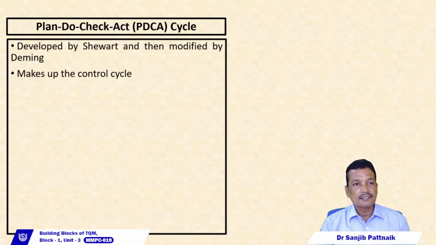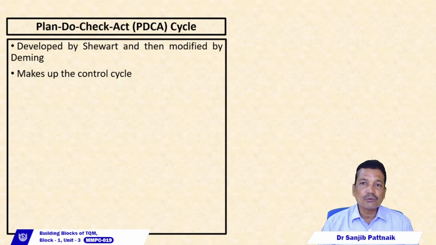How is it done? Now first we plan for that. Plan how to implement the total quality management, or what are the activities we are going to carry out for which TQM is to be applied. Then the actual work begins according to the plans. That means we are doing it or carrying out the activity.